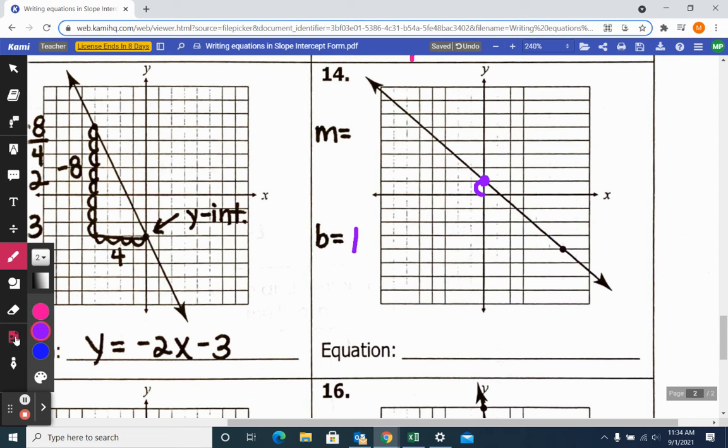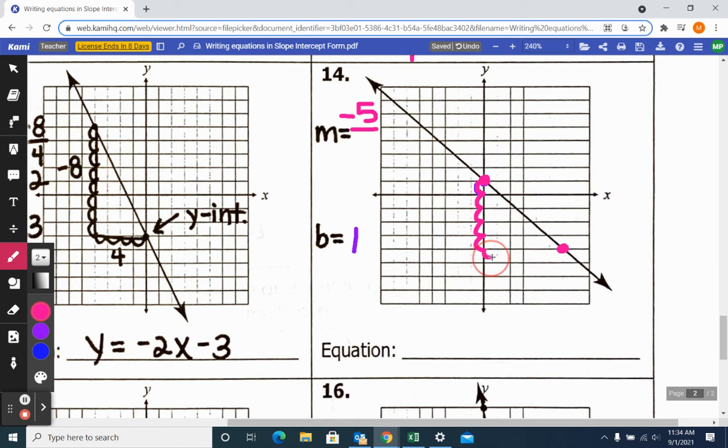Now what can get most people is finding the slope. So find the dot on the left and you count to the dot on the right. So this one from here to here, we go down 1, 2, 3, 4, 5. So if I go down, what does that mean? It needs to be a negative.